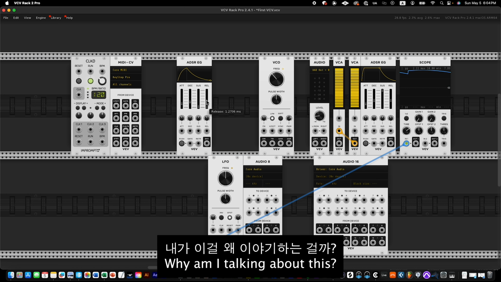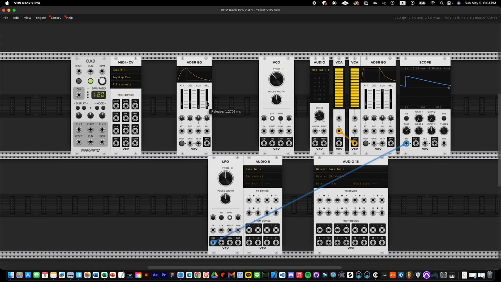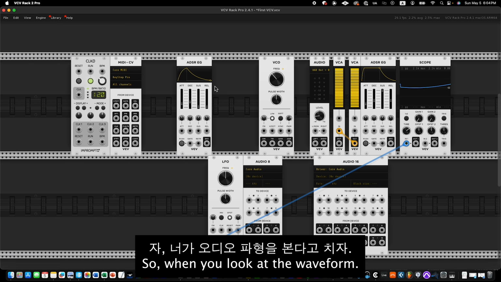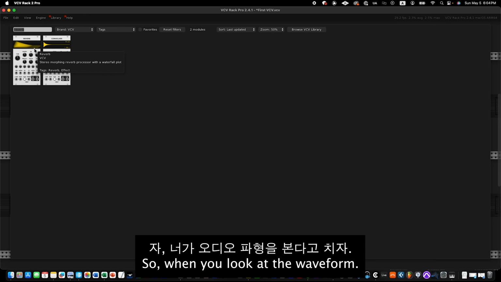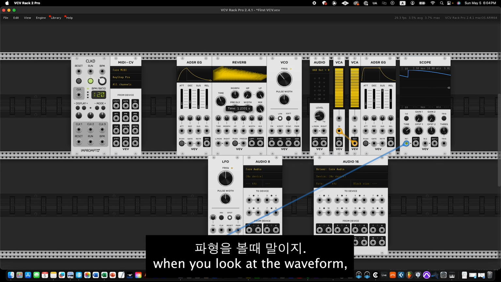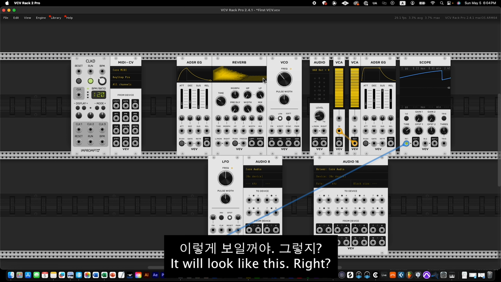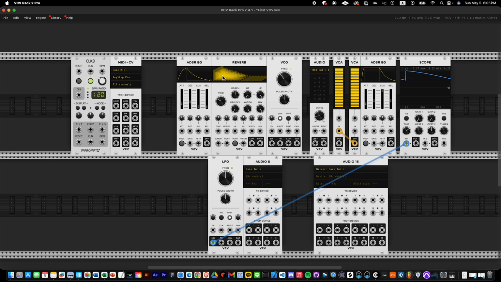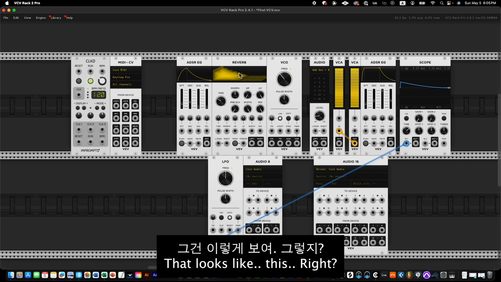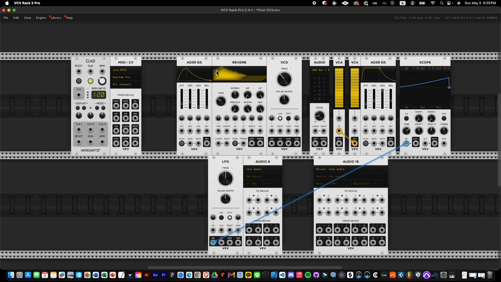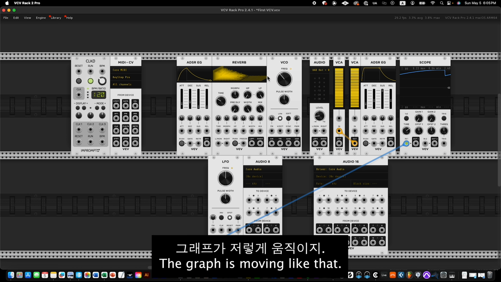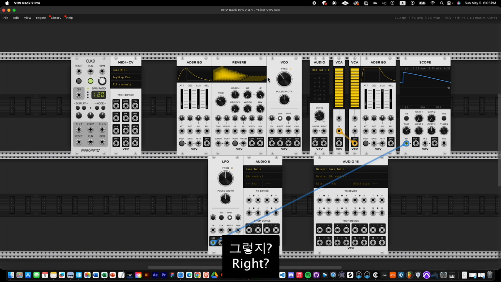Why am I talking about this? When you look at the waveform, like on an audio player, the graph is moving like that, right?